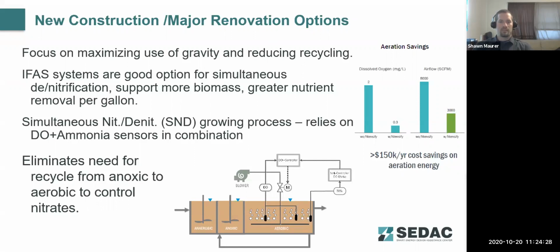And also because of that higher biomass, they're also more resilient against any chemicals or things that might disrupt the process coming in the influent flow. Just because of the greater biomass, there's more likelihood that they'll survive. You won't have enough of that biomass die off from a chemical influx as you would in a lesser density biomass system.